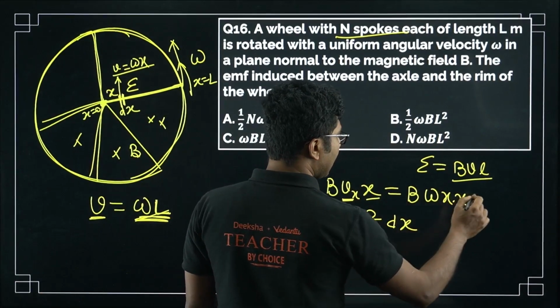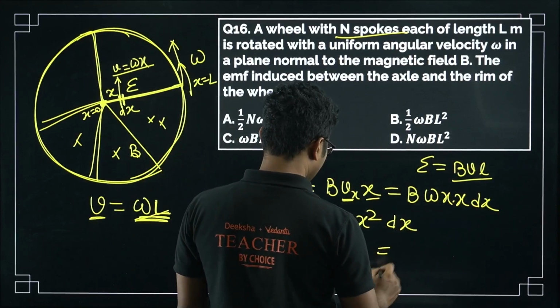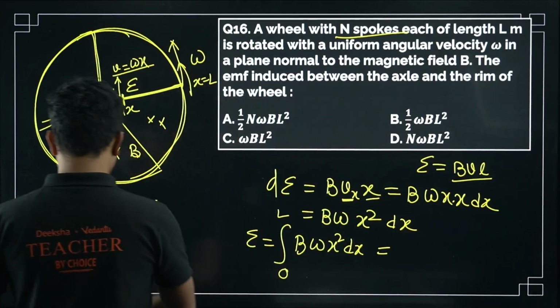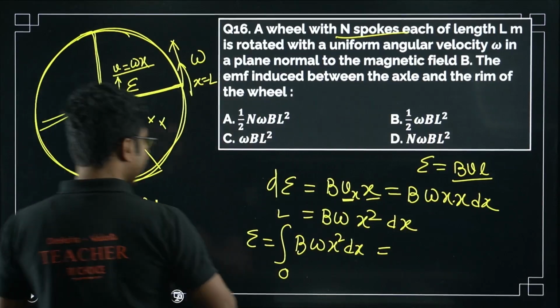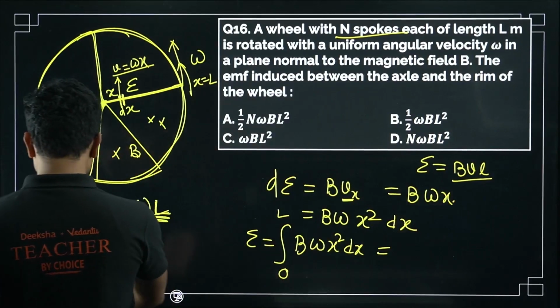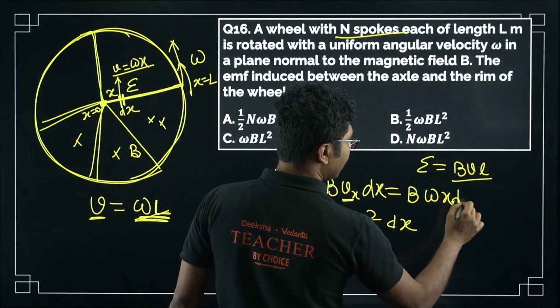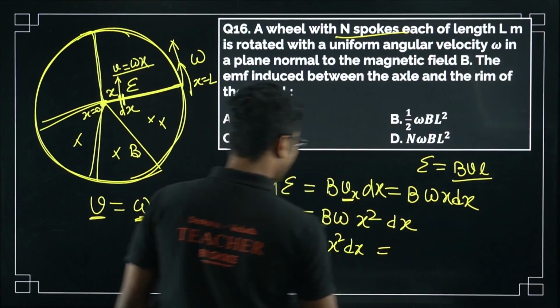I made a mistake earlier, this will be dx, due to the small element, so it will be only x.